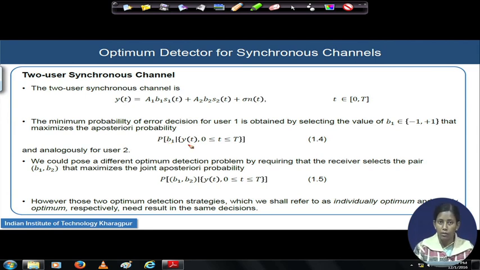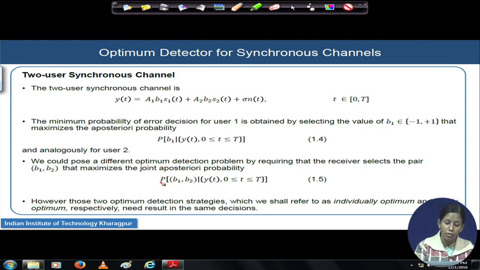It is not an individual a posteriori probability given by 1.4, rather we select a pair of B1 and B2 in such a way that the joint a posteriori probability, meaning the probability of B1, B2 given the signal received over the duration 0 to capital T, is maximized. So, now see there are two approaches.